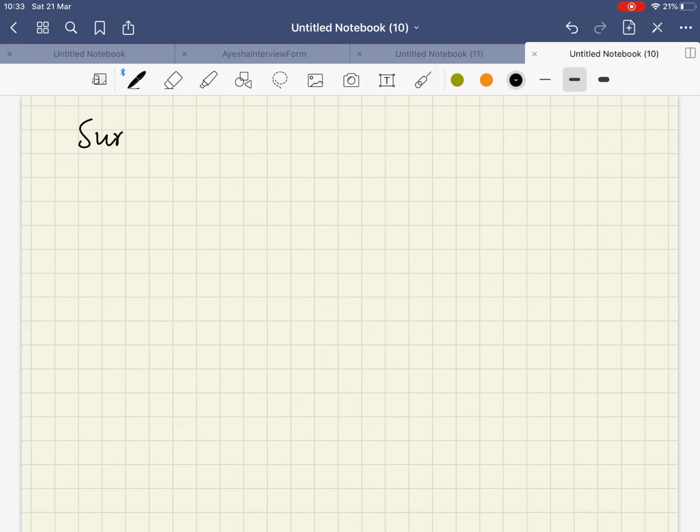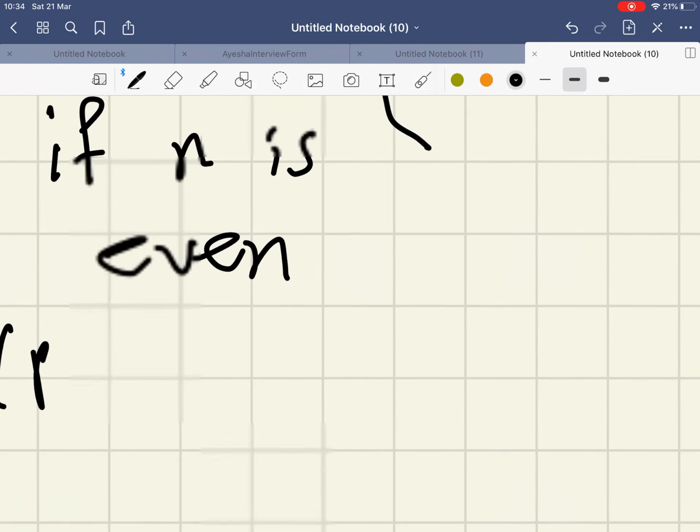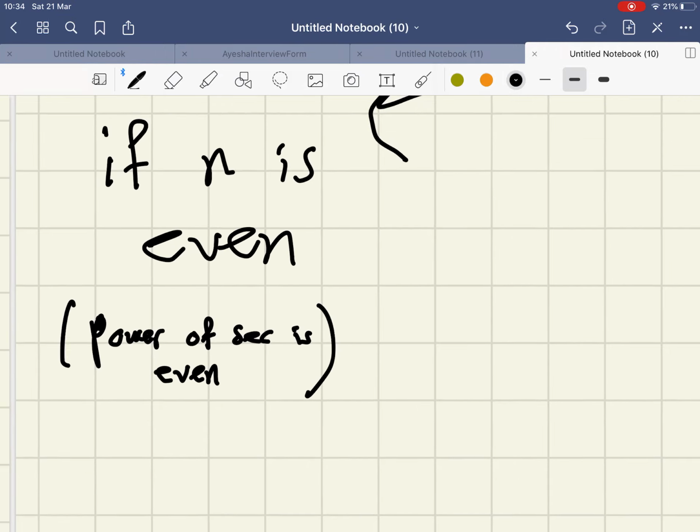So just give me a quick summary here for you. We have seen if we have integral of secant to the power of n, tan to the power of m dx, the first thing we have to look at is whether n is even, which means the power of secant is even.